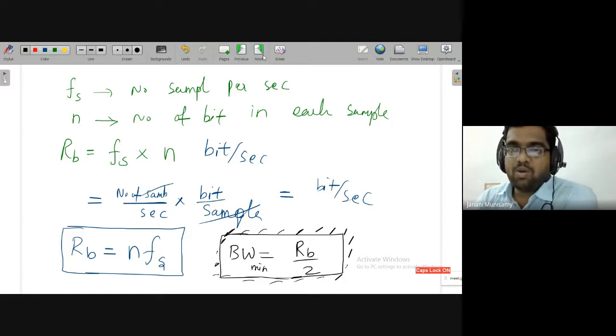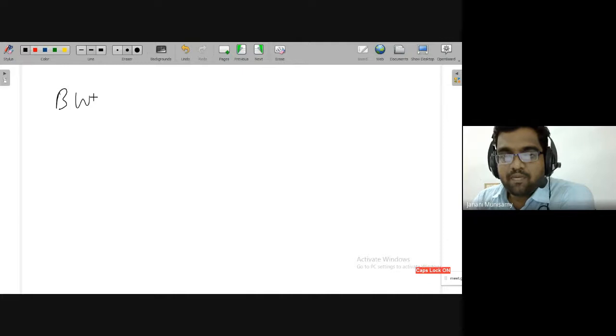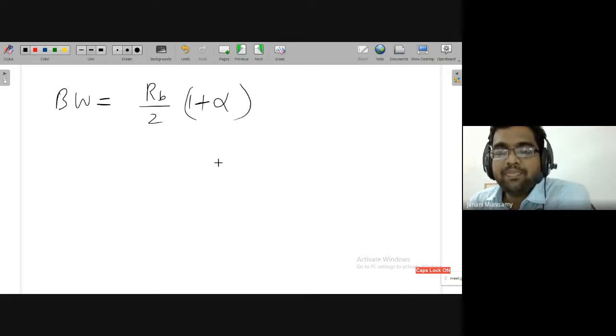Again, this formula will be modified a little bit. Sometimes they will mention RB by 2 times (1 plus alpha), because there is a raised cosine filter concept here. Alpha varies from 0 to 1.